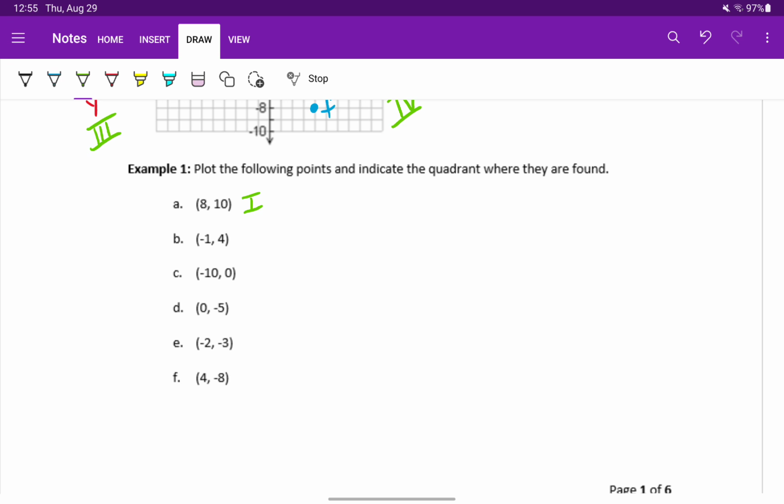For point B, our x value is negative, but our y value is positive, putting us in the second quadrant. We'll skip over C and D for a second and jump ahead to E, where we have -2, -3. Both values are negative, putting us in the third quadrant. And for point F, we have a positive x and a negative y, putting us in the fourth quadrant.